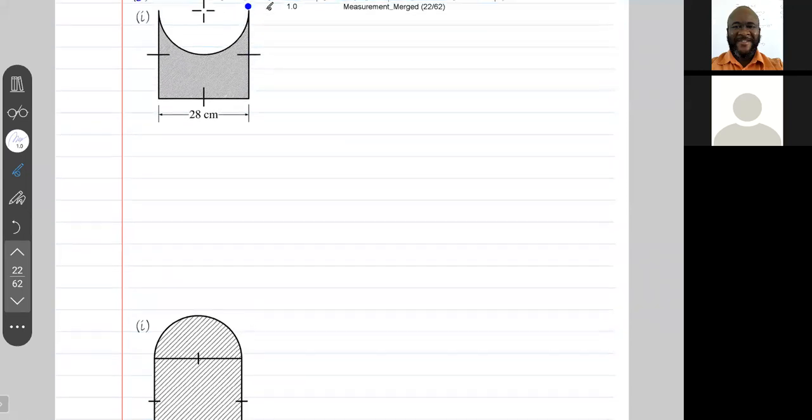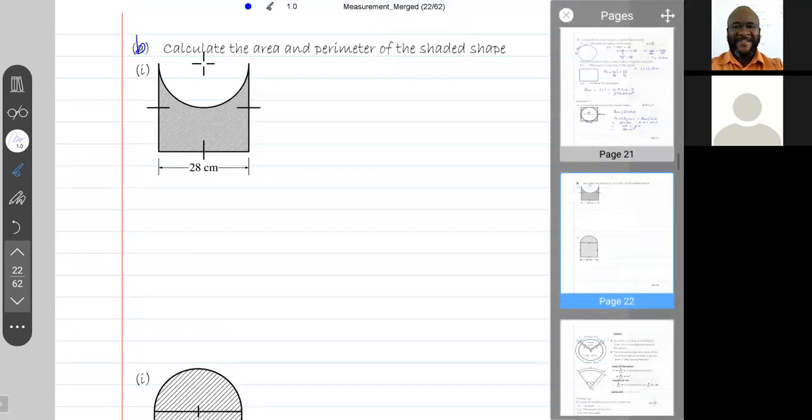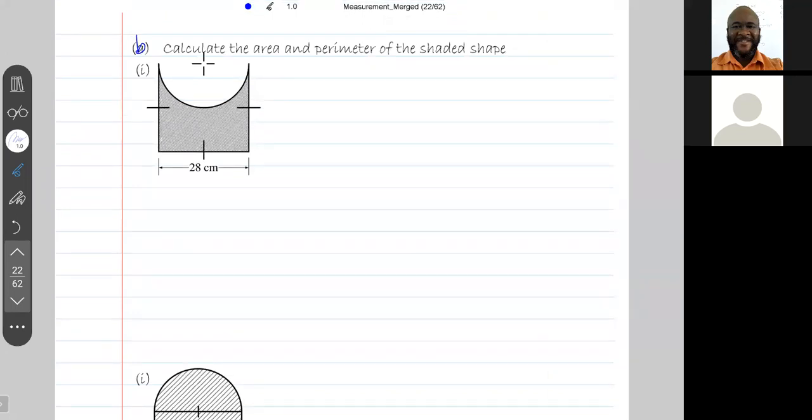So in both cases, we need to calculate the perimeter and we need to calculate the area of the shape. Wow, we don't have a lot of time. So let me do I, and then I'll ask you to do II. So for I need the area and I need the perimeter.